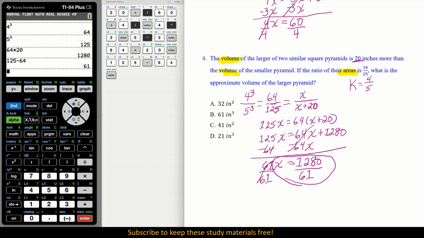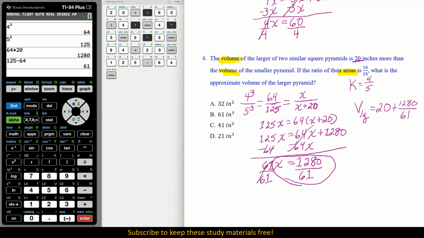Now, let's see what it's asking. Again, it's asking what is the approximate volume of the larger pyramid. This is very similar to the last one. I suppose they just wanted us to practice. Okay, so what do we really need to do? We need the volume of the larger one, and that will equal 20 plus 1280 over 61.